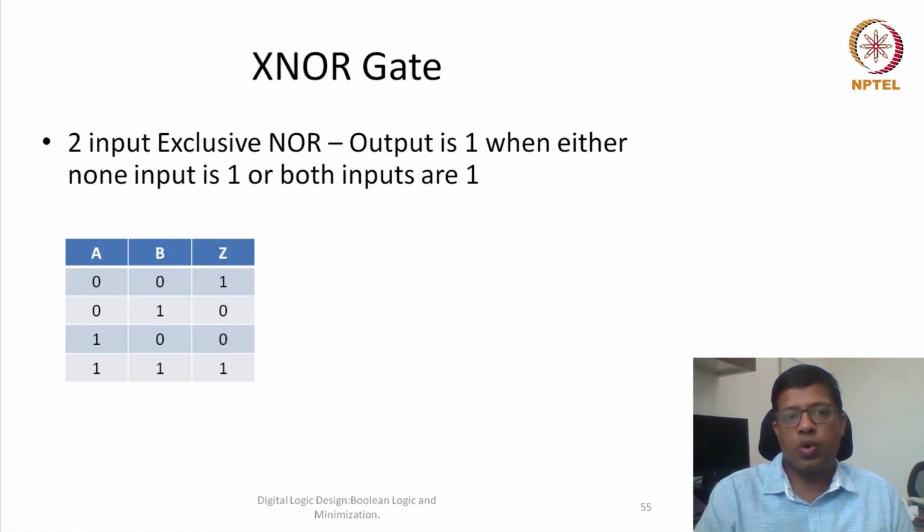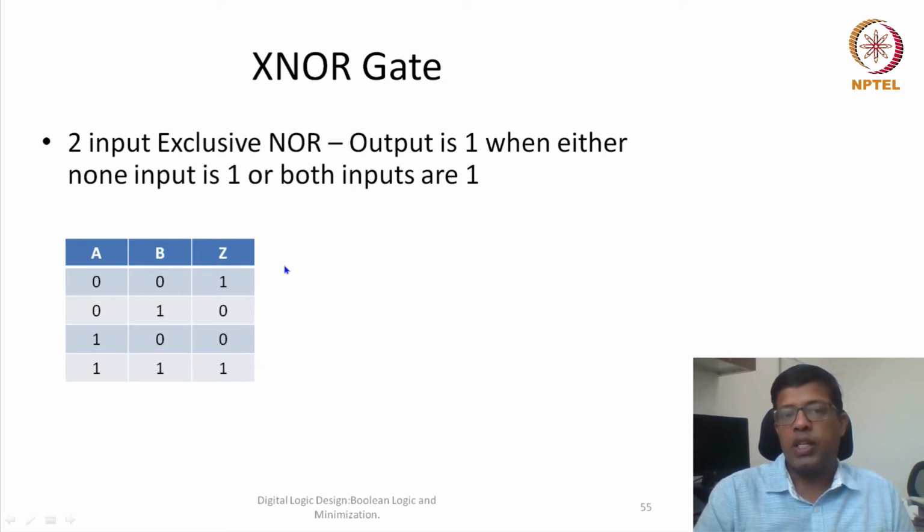So the truth table goes like this: when both inputs are 0, the output is 1. If both inputs are 1, the output is also 1. Otherwise the output is 0. You can see the output is exactly the inverse of the XOR gate output.